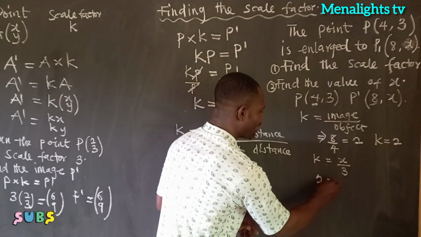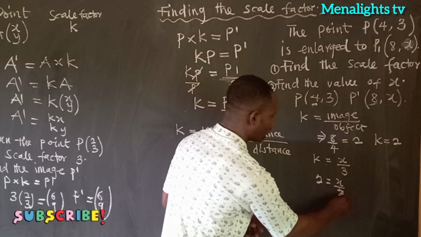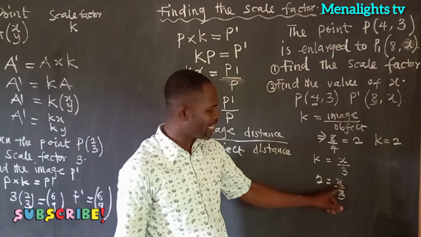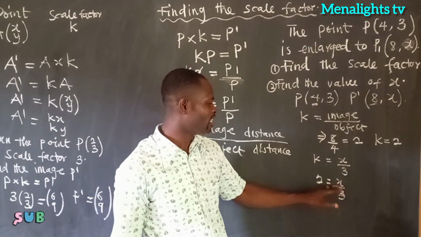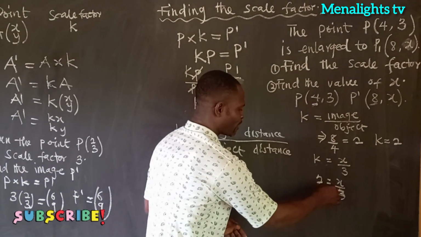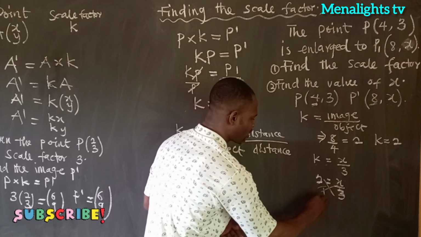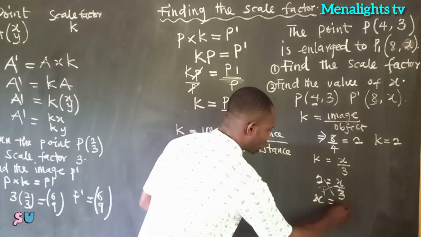So 2 is equal to x over 3. Here we can cross multiply this over 1. So cross multiply, it means our x is equal to 2 times 3, which will give us 6.